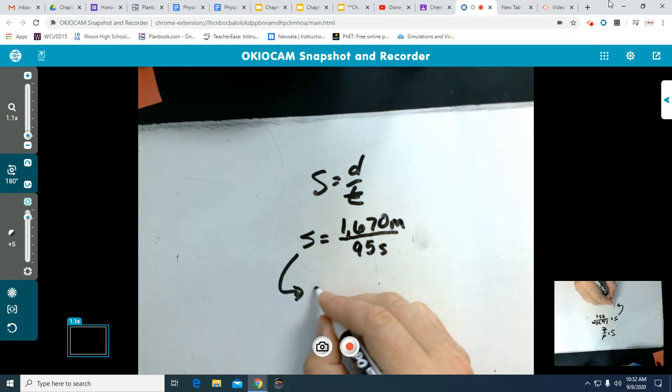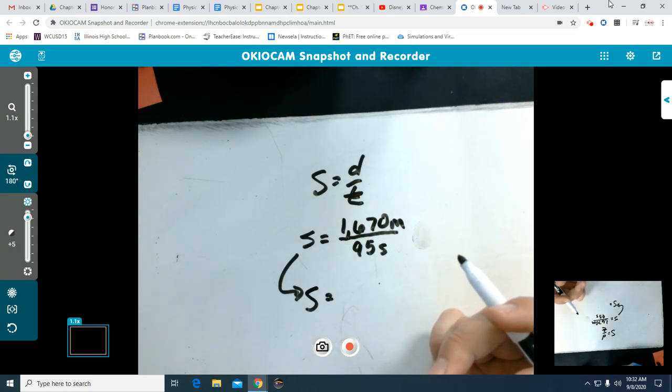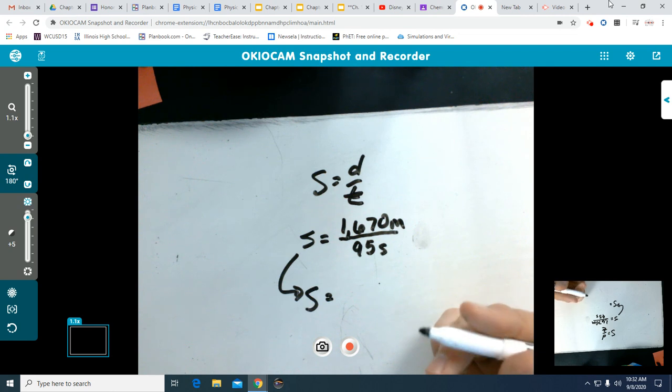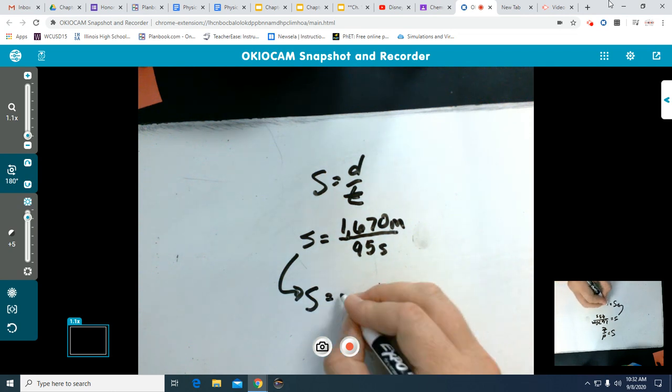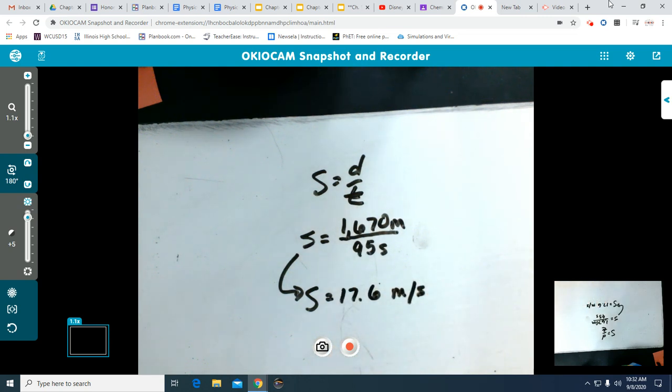All right, so after you calculate this, distance divided by time, what is the overall speed of this individual? 17.6 meters per second. That's scooting pretty good.